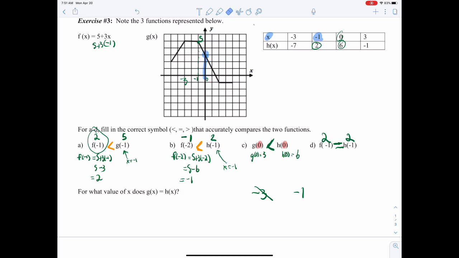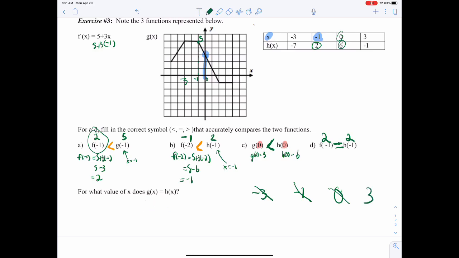So h of -1 is going to be 2, and g of -1 is going to be 5, so it's not -1. Try 0. If we try 0, well, h of 0 is going to be 6, looking at the table, and then g of 0 is going to be 3. Those also don't equal each other, so let's really hope it's 3 here.